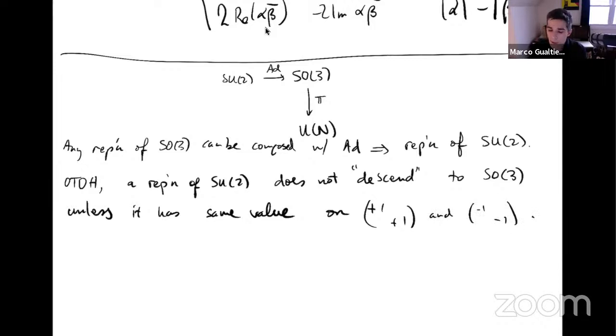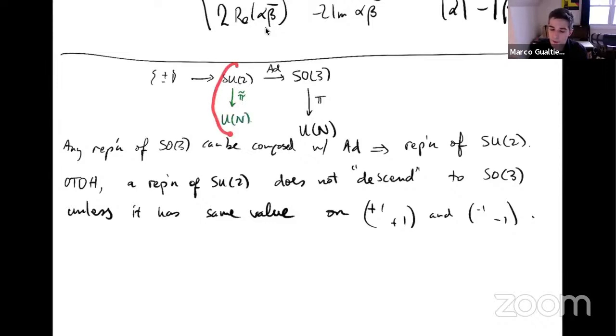Okay, so remember that this map has a kernel, right? The alternative, the thing I want you to compare, is suppose that I was given a representation of SU2 into UN.